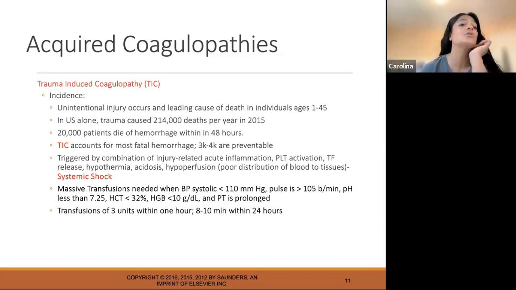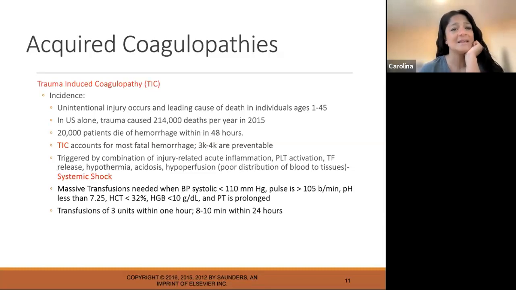In the US alone, trauma caused 214,000 deaths per year in 2015. About 20,000 patients die of hemorrhage within 48 hours. TIC, or trauma-induced coagulopathy, accounts for most fatal hemorrhages. About 3,000 to 4,000 of these can be preventable.